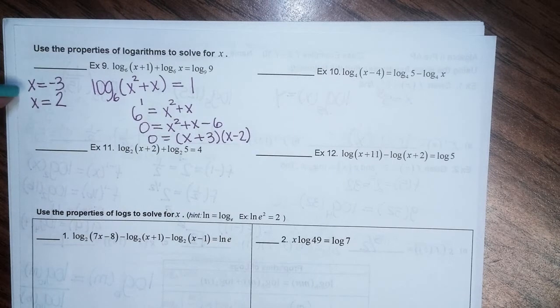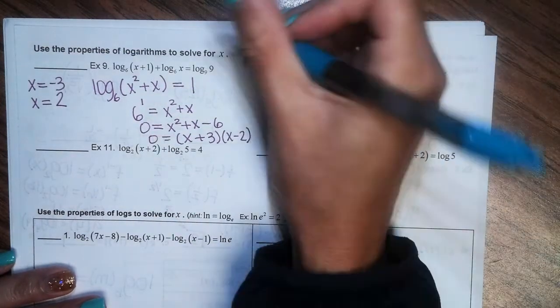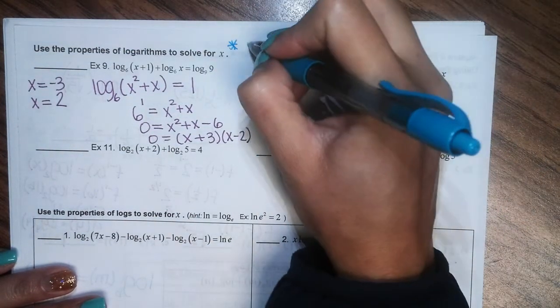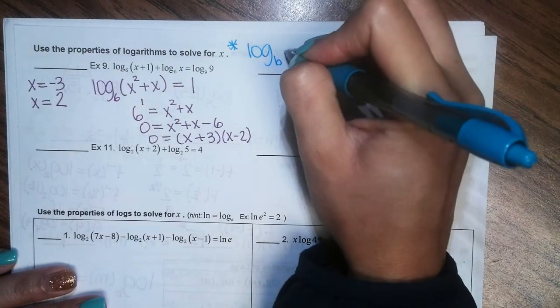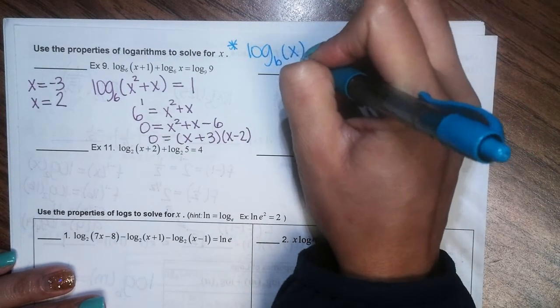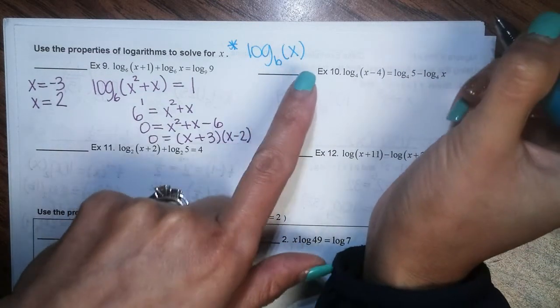Okay, now you need to check for the reasonableness of your answers, because with logs, they have a restricted domain. So let me write you the restrictions. When you have a log base b of x, here are your restrictions.